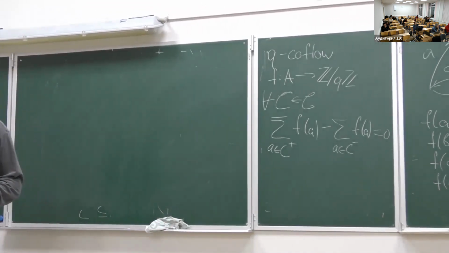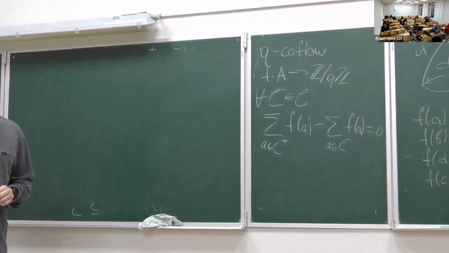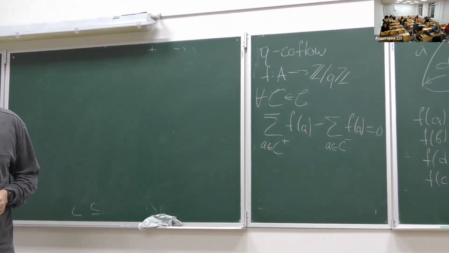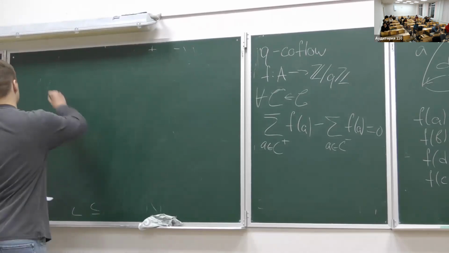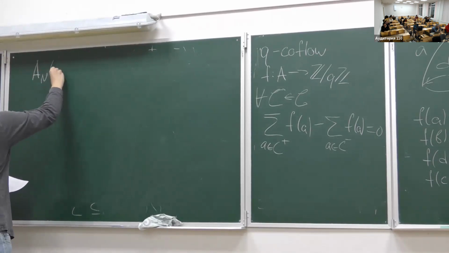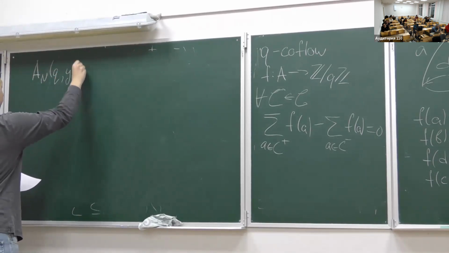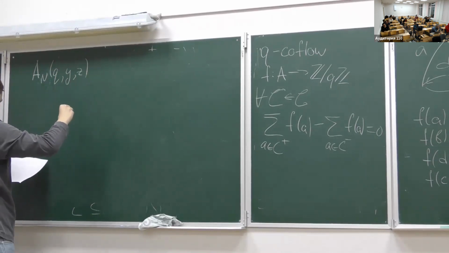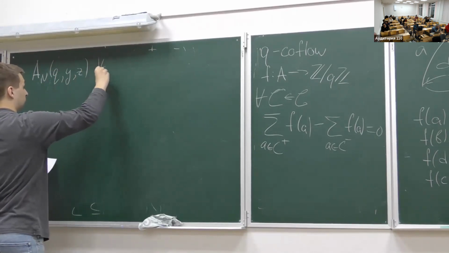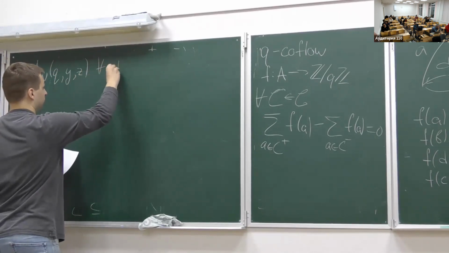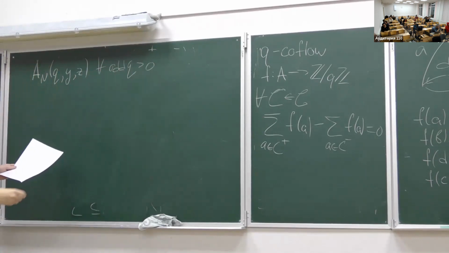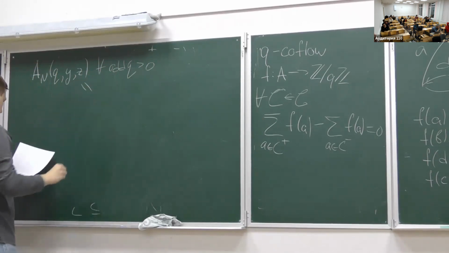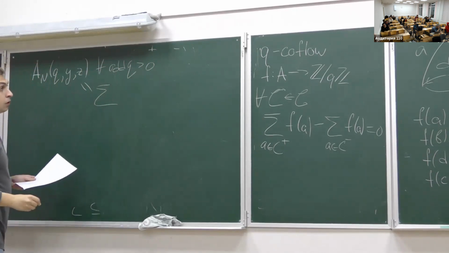So we claim that there exists such a polynomial of 3 variables such that for any odd integer q greater than 0, it is going to be equal to the sum over all Q flows.